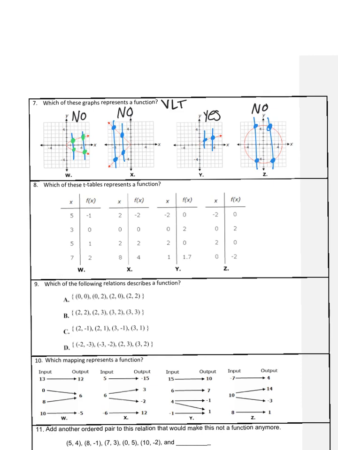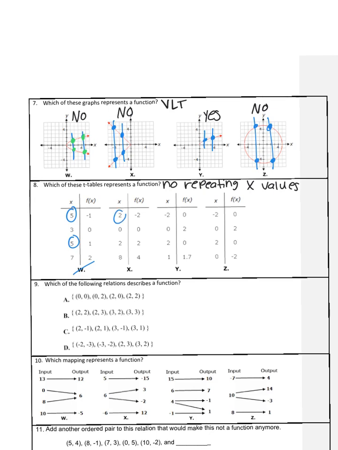Now we've got these tables and they want to know if it represents a function. So you're looking to make sure that there are no repeating x values. If you see an x value that's written twice, it's not a function. The first table, you've got 5 and 5, so we can eliminate W. I have a repeating X value.